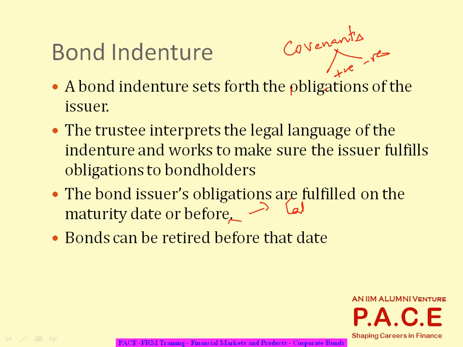With it, the issuer can call back the bond on or after a particular date, so it need not run up to the maturity date. If the issuer thinks it is beneficial to him, he may call it back in the middle itself. The bond can be retired even before the maturity date with a call provision.